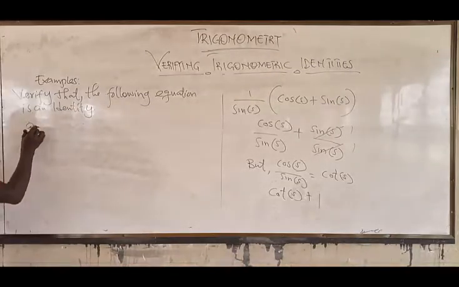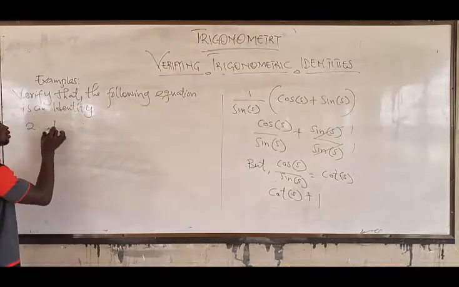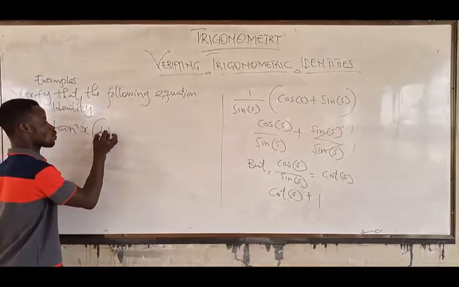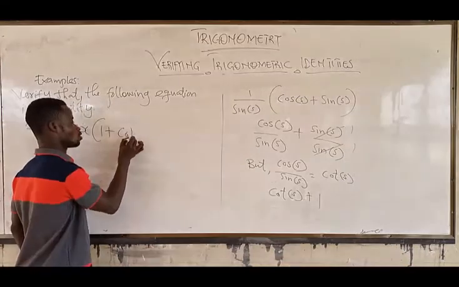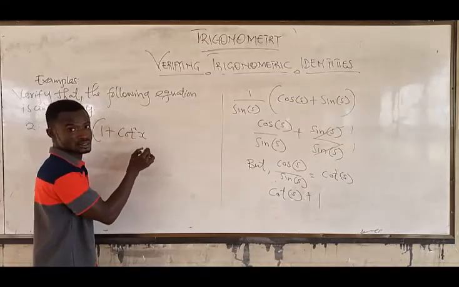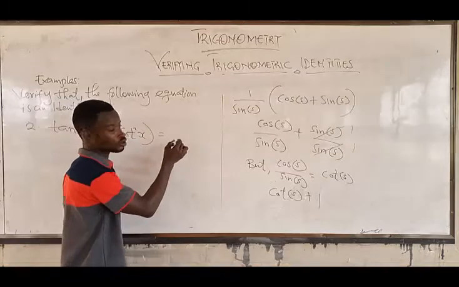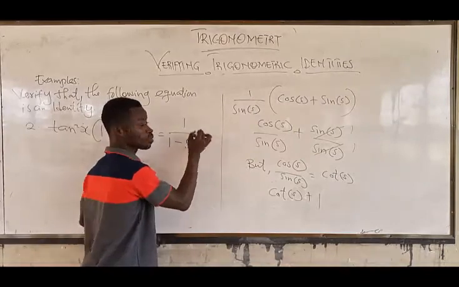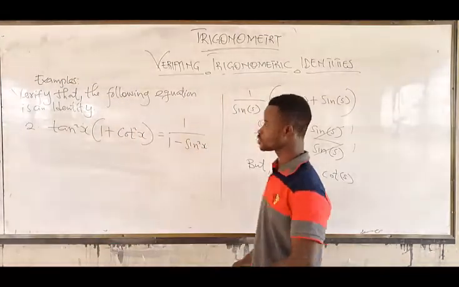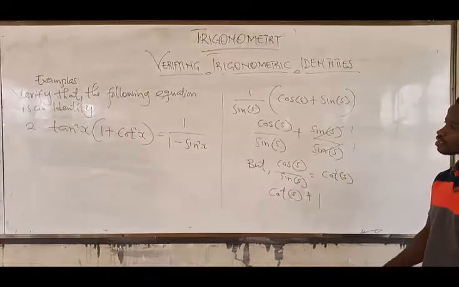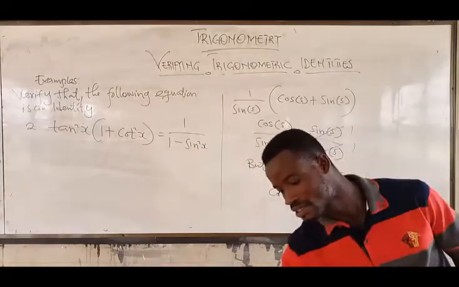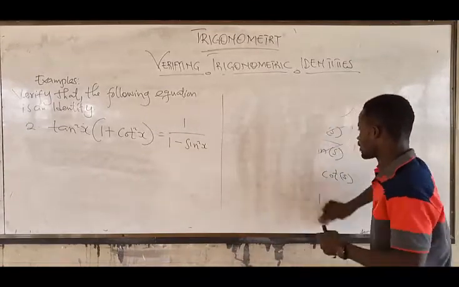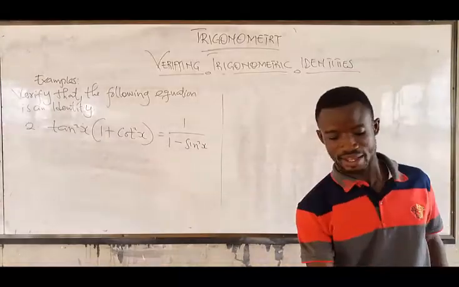And that is tan square x, 1 plus cos square x is equal to... wow. So now I would like to ask you, which of the sides is more complicated?